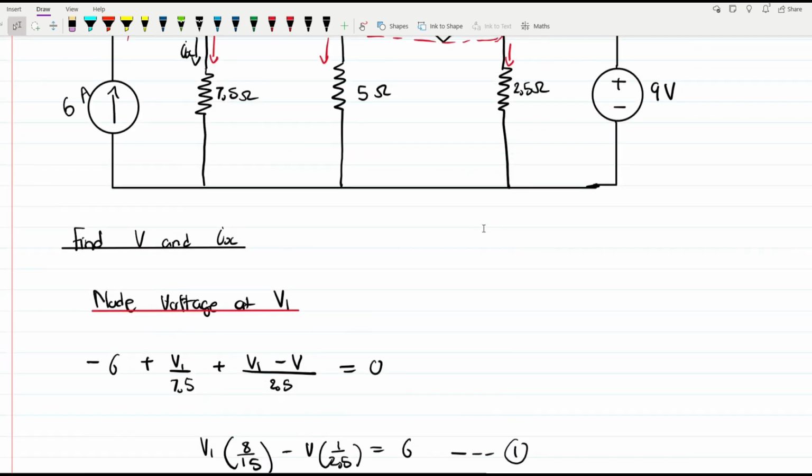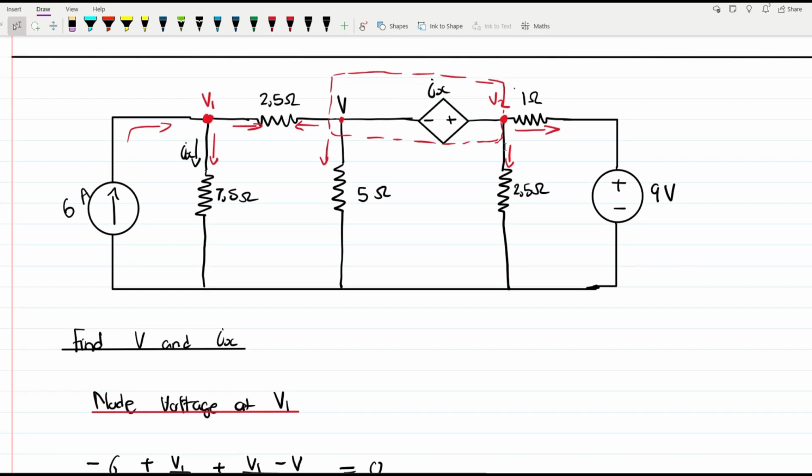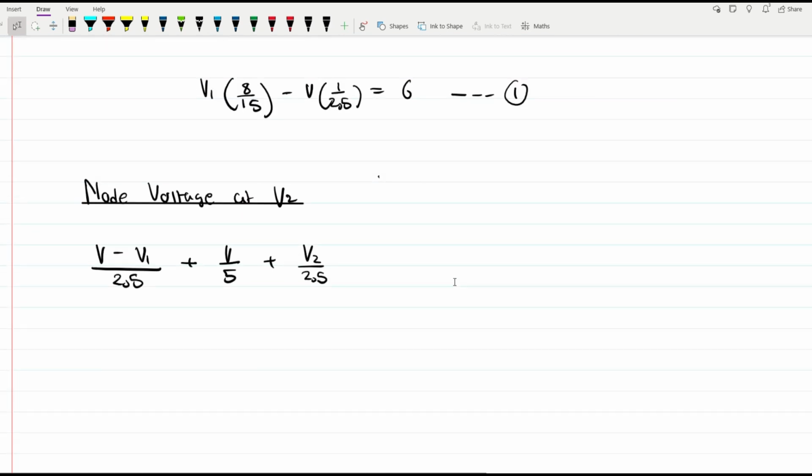And we have another one that's going out, so we have V2 minus 9 divided by 1 ohm. So we have plus V2 minus 9 divided by 1, and all of that is equal to 0.